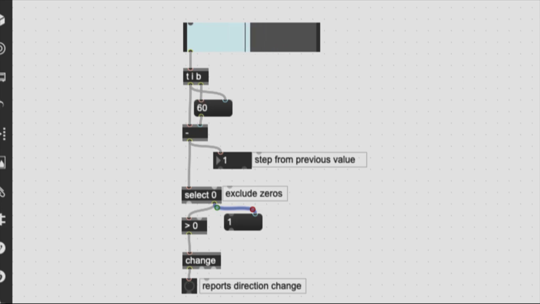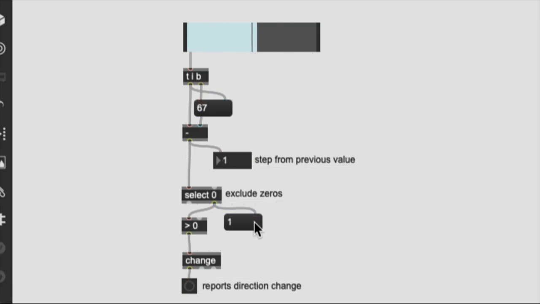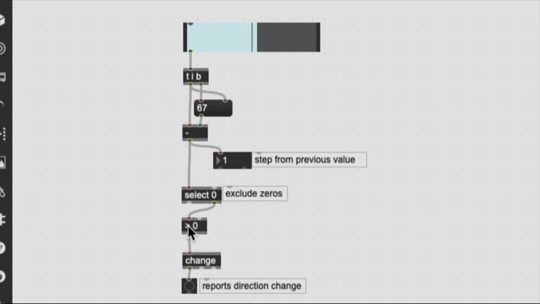Zeros are excluded. If you see, if I move really fast, I get higher values. Fine. And then I'm checking whether this value is positive or negative, and then I'm making sure that I get a bang when this value changes, and this is what happens.